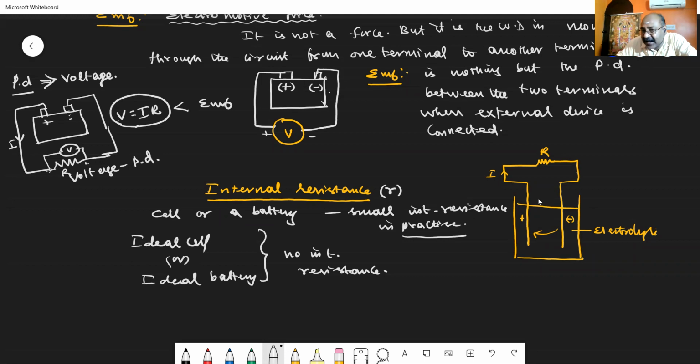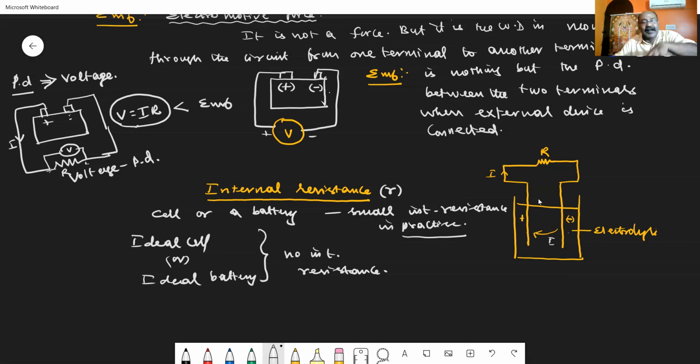When you connect a cell or a battery to an external circuit, there is a flow of electrical current from the positive terminal to the negative terminal outside the cell. Inside the cell, that electrical current will move from the negative terminal to the positive terminal, so that the electrical circuit gets closed. For the flow of electric current inside the electrolyte, there is some resistance offered by that electrolyte.